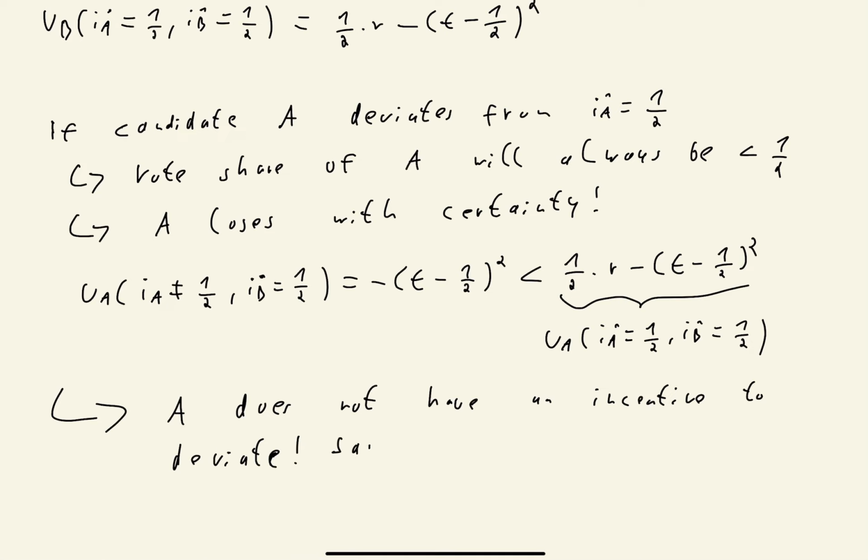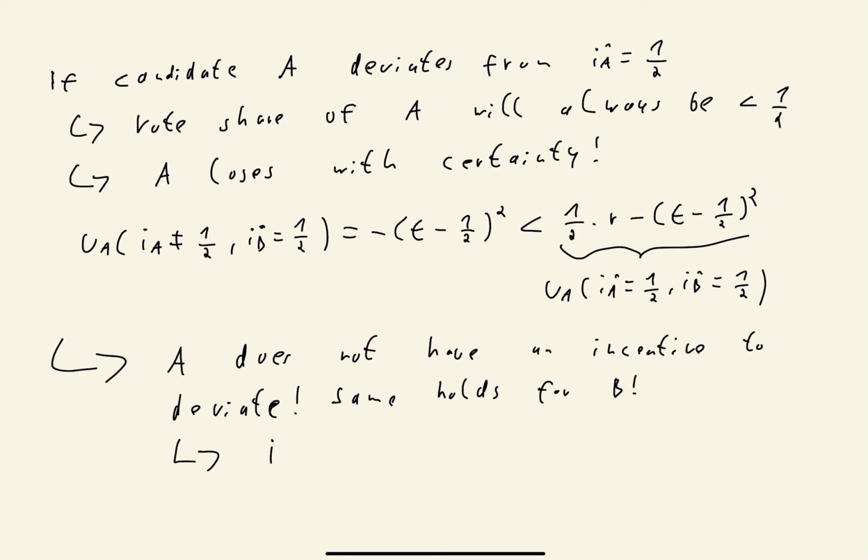The same holds for B, because it's symmetric. And as a consequence, IA star equal to IB star equal to 1/2 is an equilibrium.